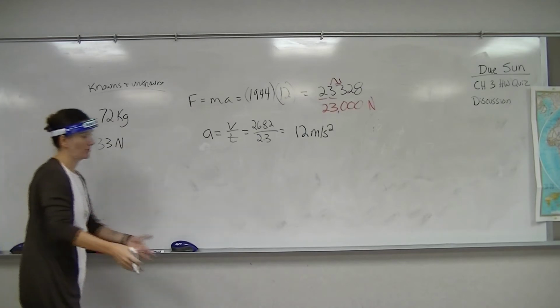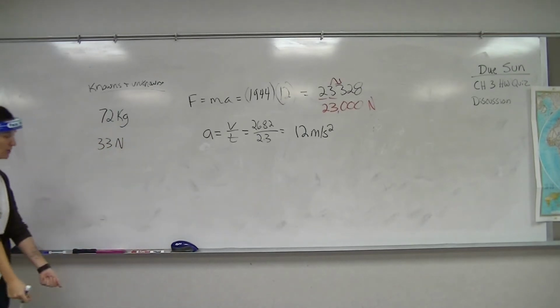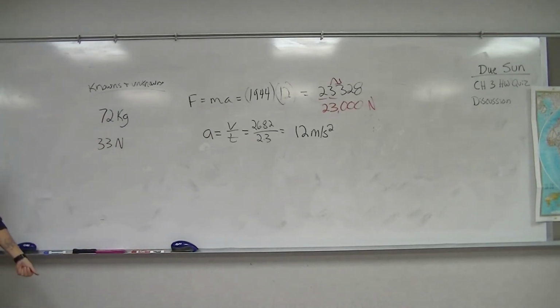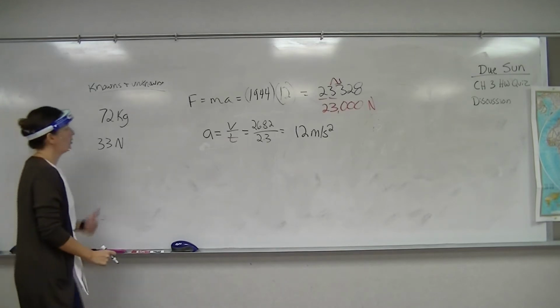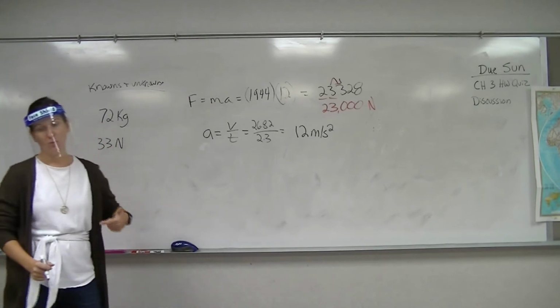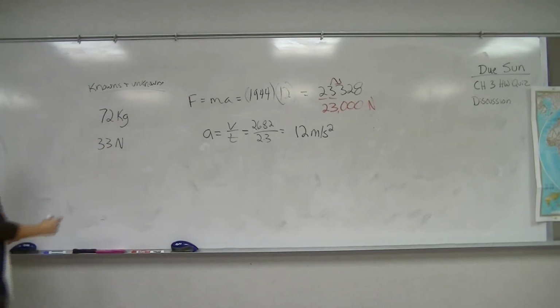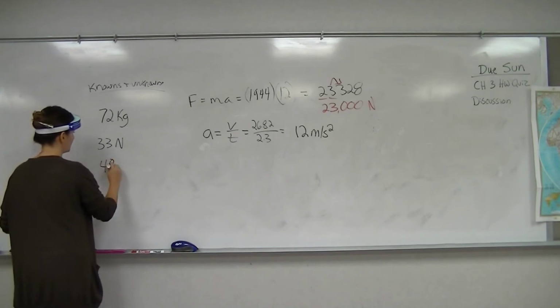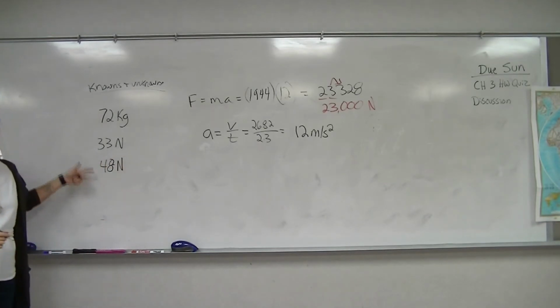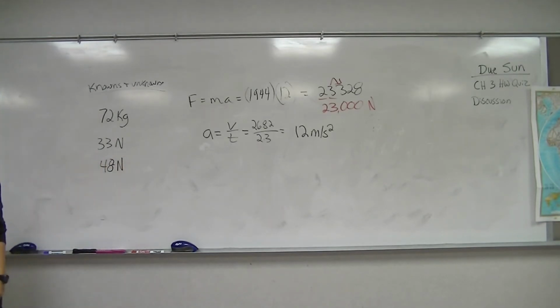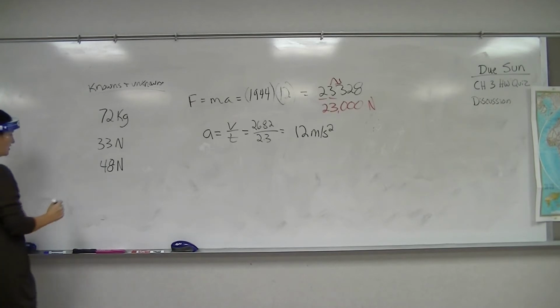So that means they're dragging the body across the floor, applying a 33 Newton force to get that body to move. Well, then they say we increase the force. Apparently they weren't pulling fast enough. So they upped their force to 48 newtons. So we have two forces, and they're asking us to calculate the change in acceleration.